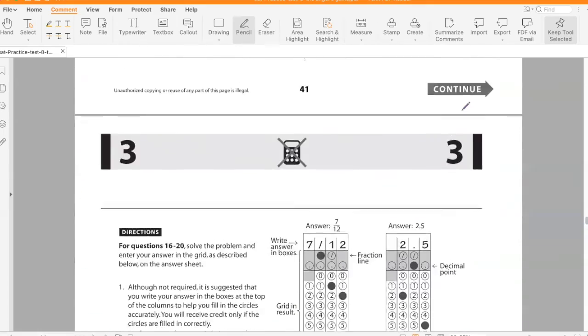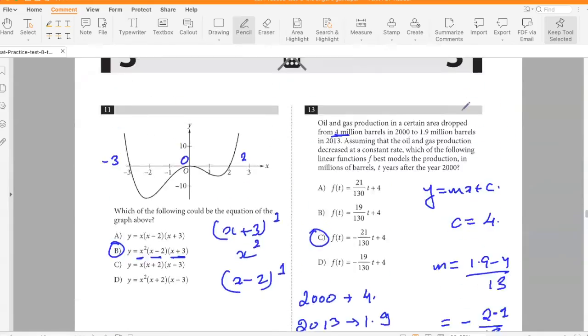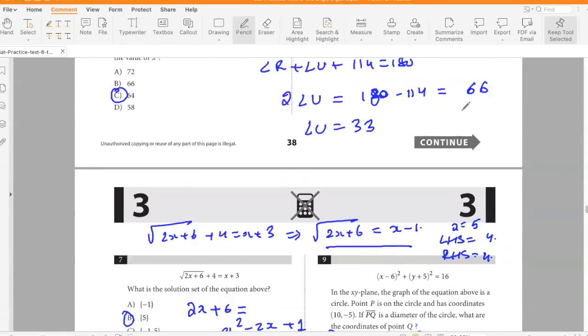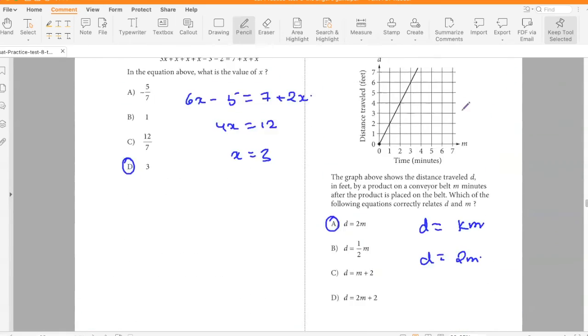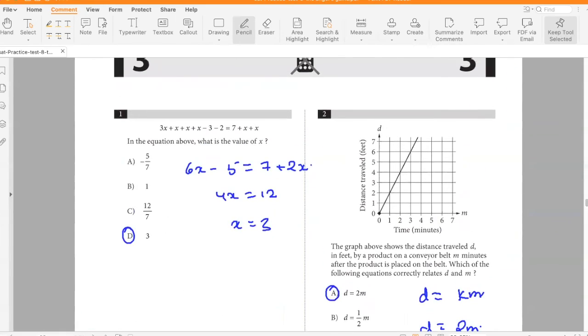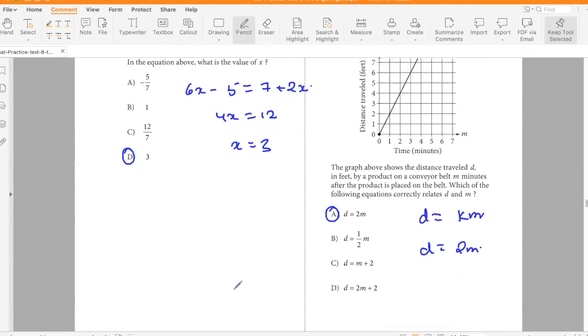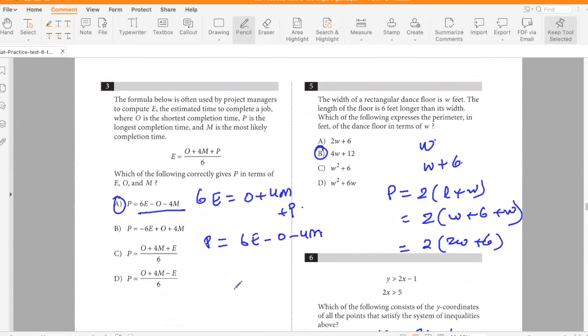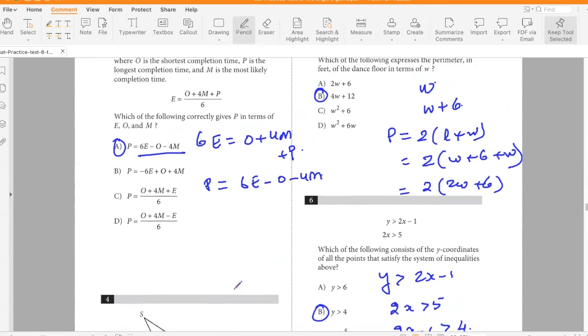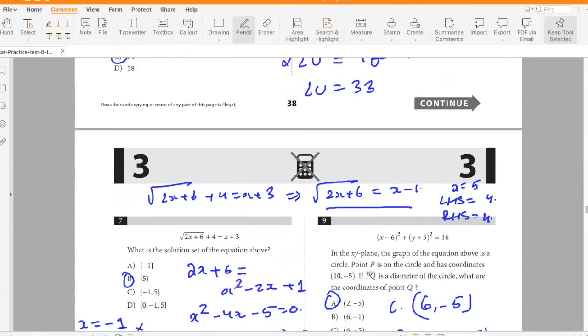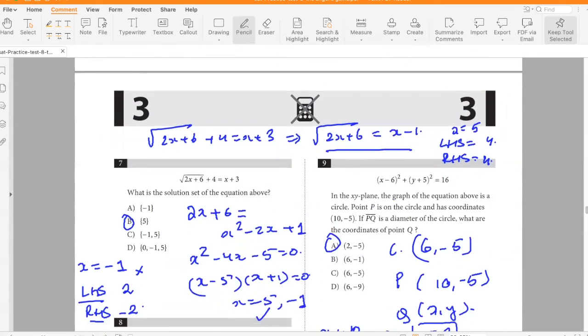Okay, let's rate this. DAAC, triple B, DAAC, BBB, okay.